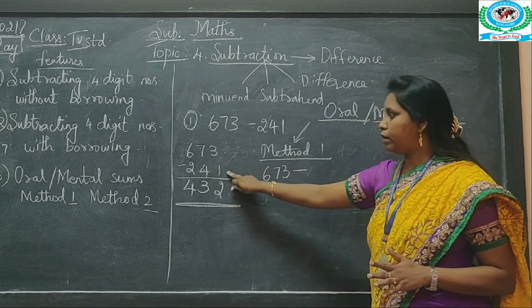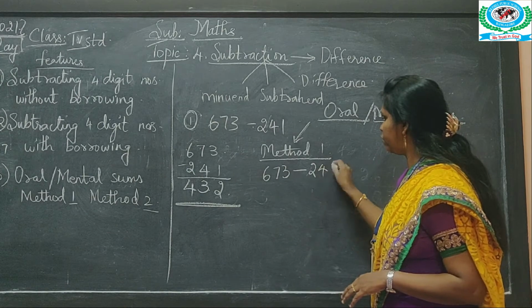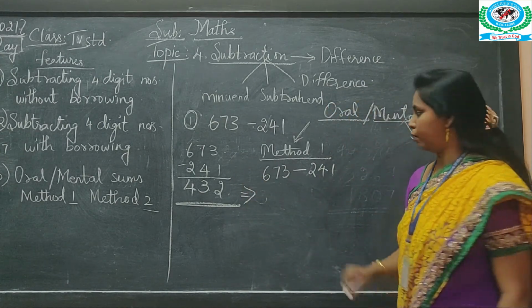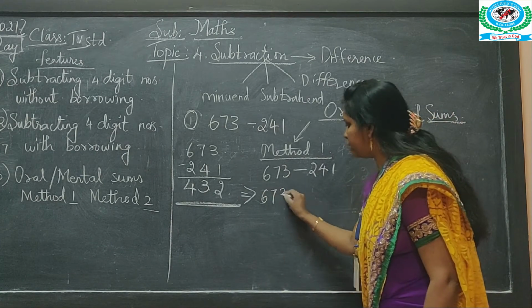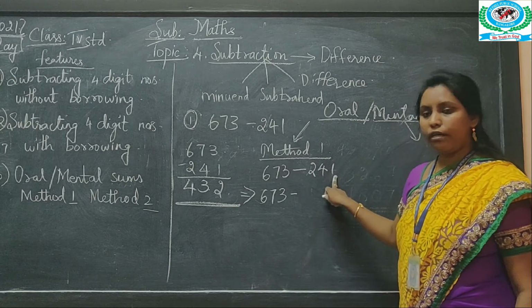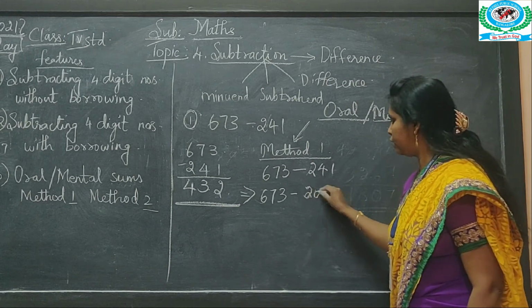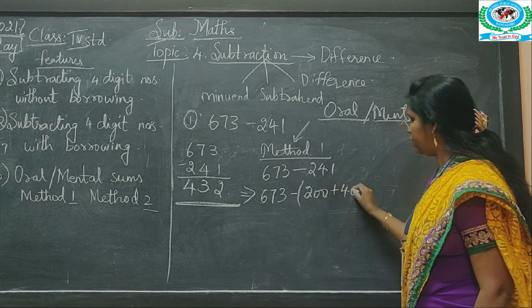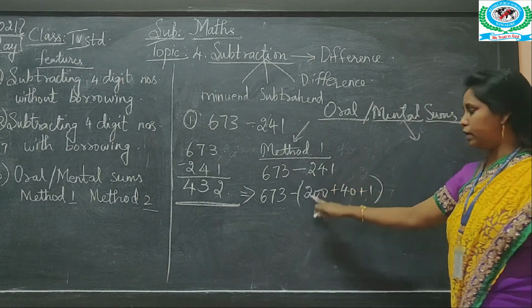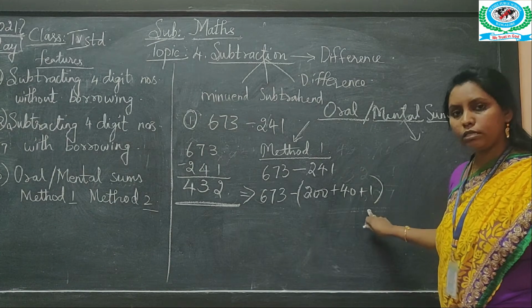Here you can expand the number 241. 673 will be written as it is, and 241 can be written as 200 plus 40 plus 1.